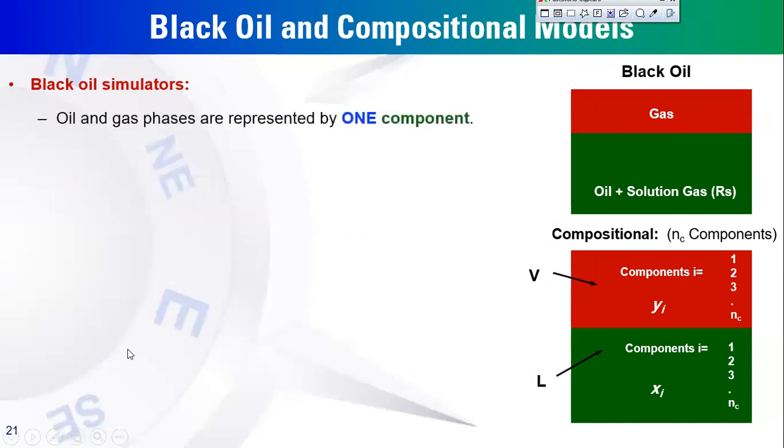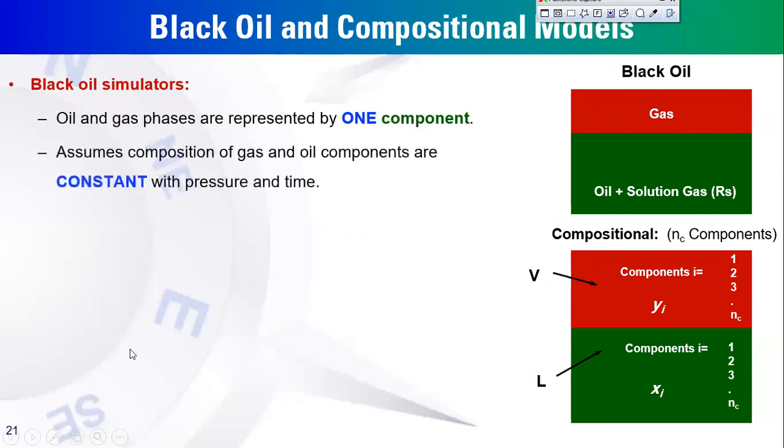Simply, the black oil model assumes oil and gas phases are each represented by only one component, and accordingly we assume the composition of oil and gas is constant with pressure and time. So we have oil plus solution gas represented by Rs, and the other component, which is the gas.